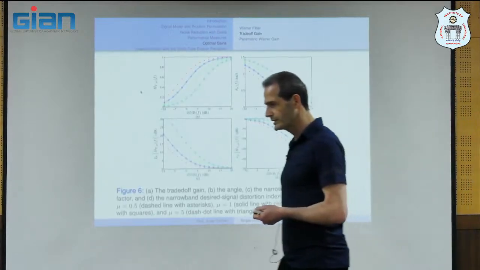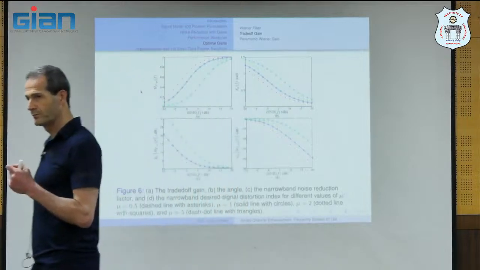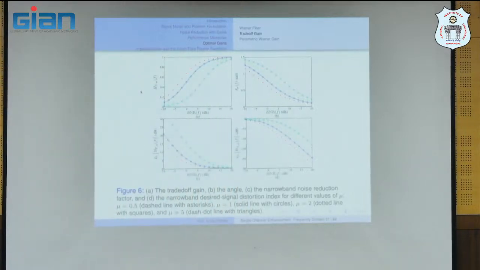Let's see what is the effect of mu on the performance measures. So here we go to the previous example, and then we apply the trade-off filter. Let's see about the noise reduction.